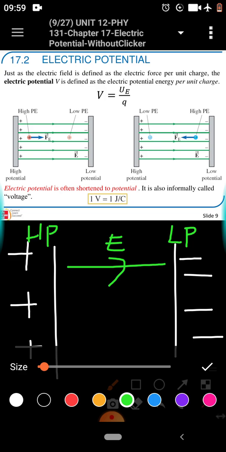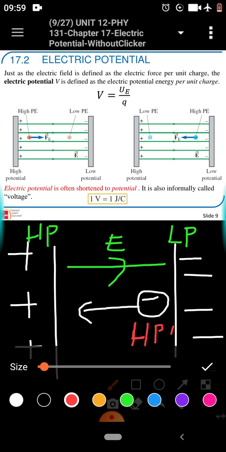But now say we have a negative charge. If the electric field goes in this direction, a negative charge will go in the opposite direction. I think you remember this from the previous chapter. What does this mean? It means that at this point, the charge has higher potential energy, so it moves to a region of lower potential energy.